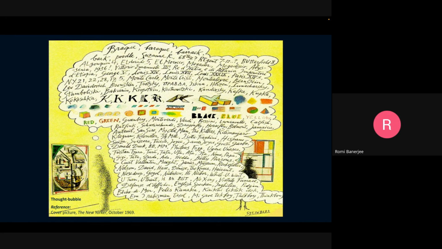Could be the name of the artist, then the name of the style, and because they have very similar auditory factors, then you have Baroque coming over. From Baroque, you have bark, bark reminding you of a dog, so you have a poodle, and then you have different names. You have Monte Carlo, you have colors, red, green. Somewhere there's Mickey Mouse also written over here.